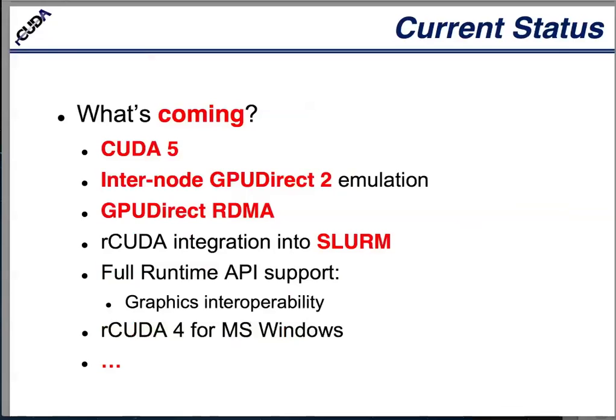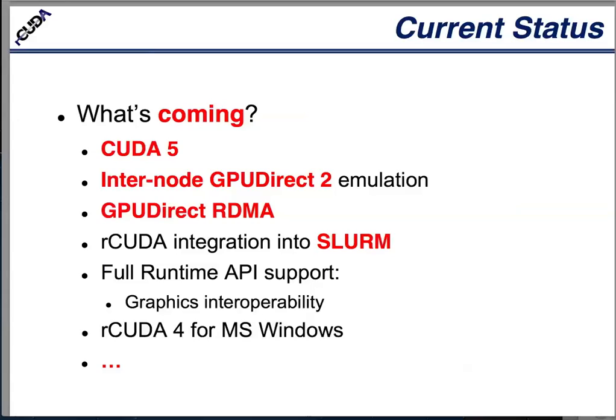This is our to-do list. We are developing support for CUDA 5. We have the internode GPU Direct 2 emulation to transfer data between rCUDA servers placed in different nodes.